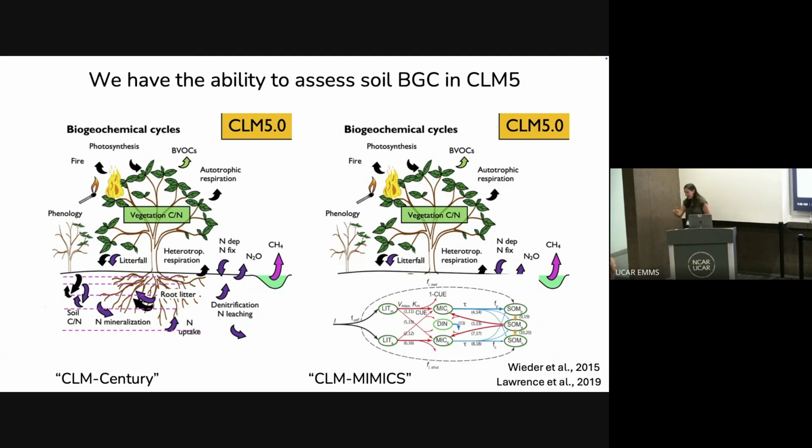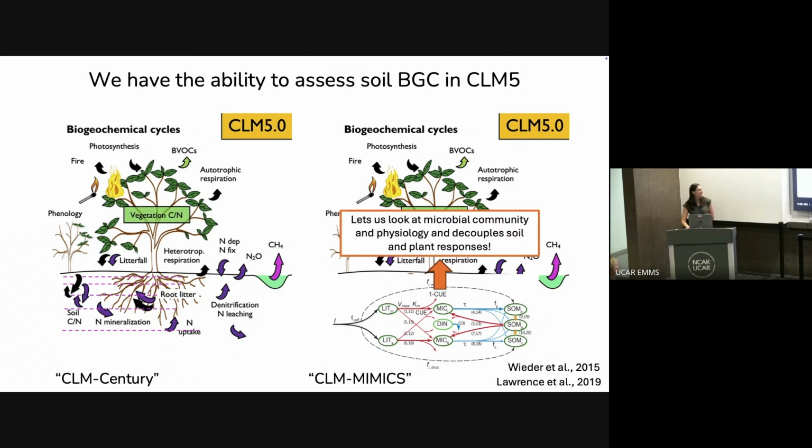If you were at Will's talk yesterday, you heard a bit about this model, but some key features it has is that it represents microbial community and physiology, so we can look at those mechanisms. It also allows us to decouple soil and plant responses a bit because of those microbes in the middle of the plants and the soil. And so we can use these different models. We might assume that these different models produce different responses to climate change.